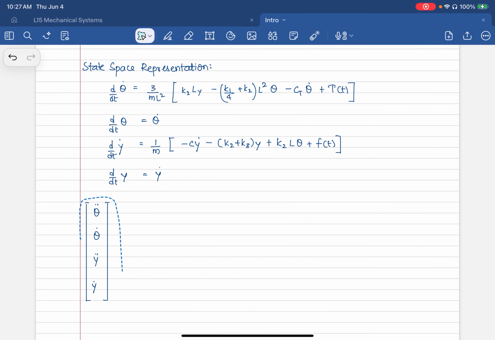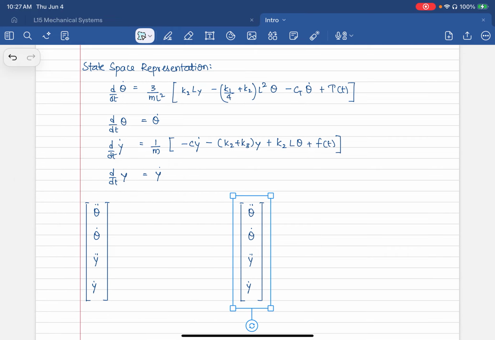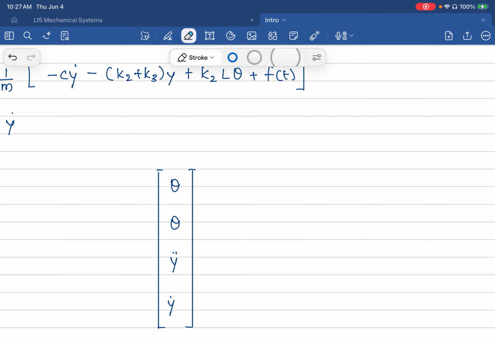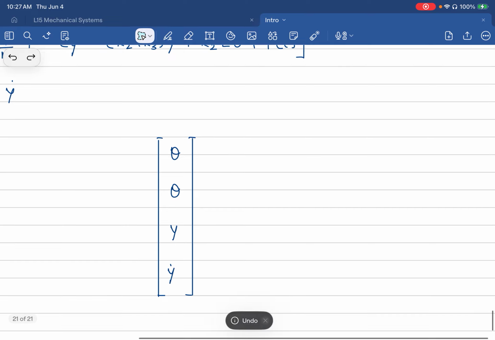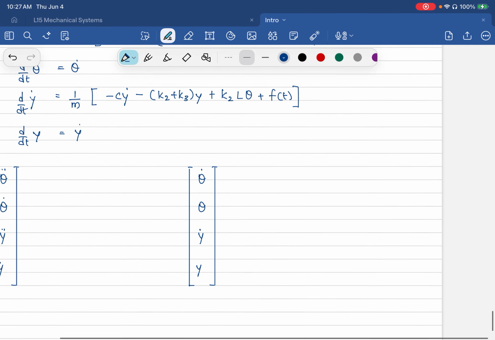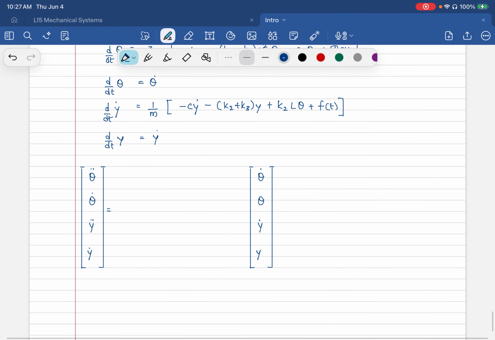Now, this here is on the left-hand side as x dot. We need to have x in the same order. Now you want to give space for that matrix.